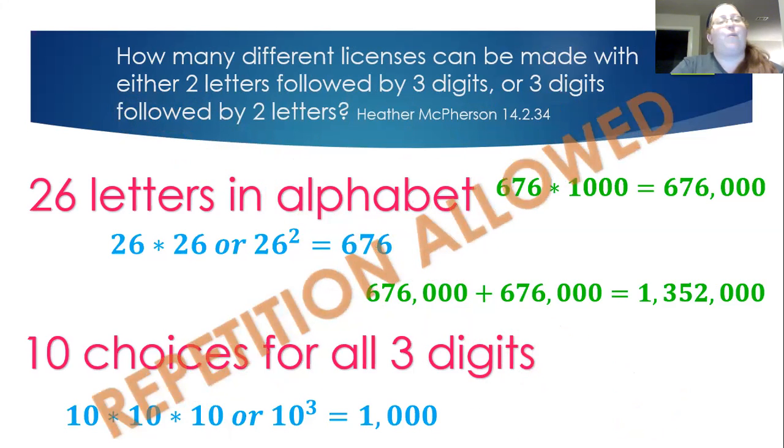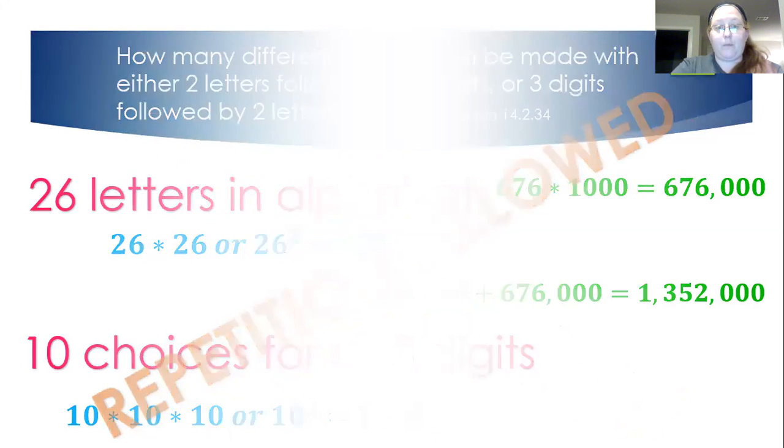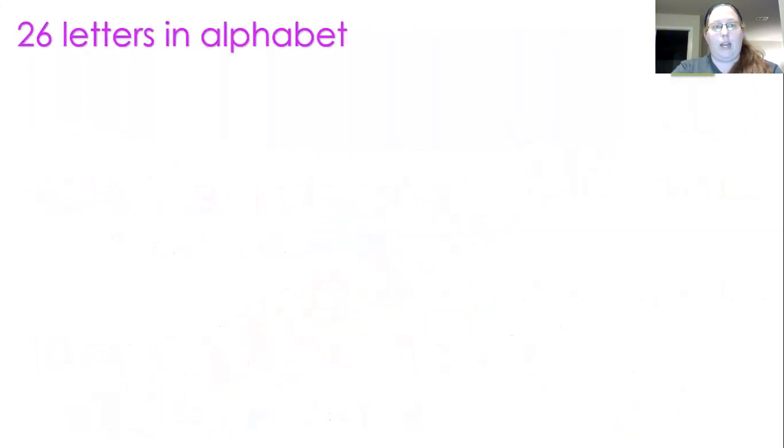Now, what if repetition wasn't allowed? How many combinations can we get? Again, 26 letters in the alphabet, but remember what I said, repetition isn't allowed this time. So you would have 26 for the first letter, and 26 minus 1 equals 25 for the second letter.